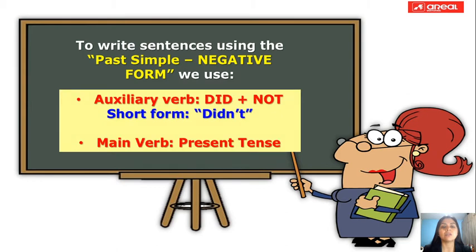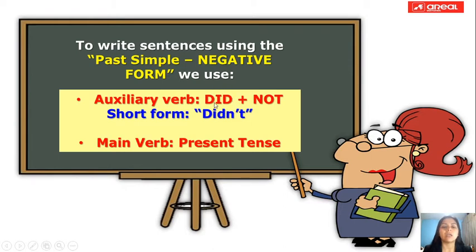Let's continue. To write sentences using the past simple in negative, what do we use? How can we change these sentences into negative? Let's start with the auxiliary verb. In past simple, we are going to use an auxiliary verb. What is the auxiliary verb? It is did, right?